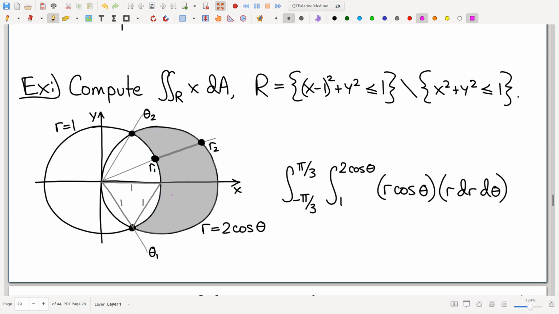By the way, good general rule of thumb, polar coordinates works out great when circles are involved. Not always, but very often, right? Especially if the circle is centered at the origin, or if the circle hits the origin, as both of these do. Okay.